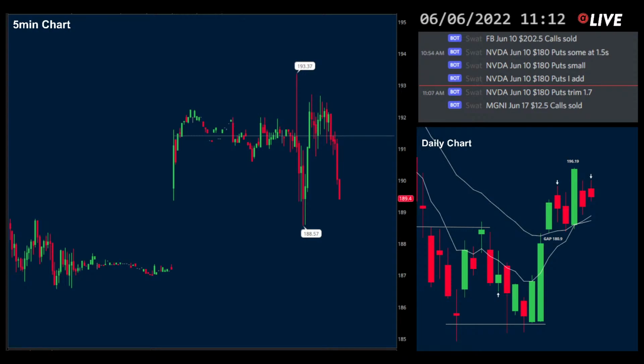Okay, SPY fading. SPY, IWM, cubes fading. NVDA coming. Come on, guys, push. So we have some rollover here.